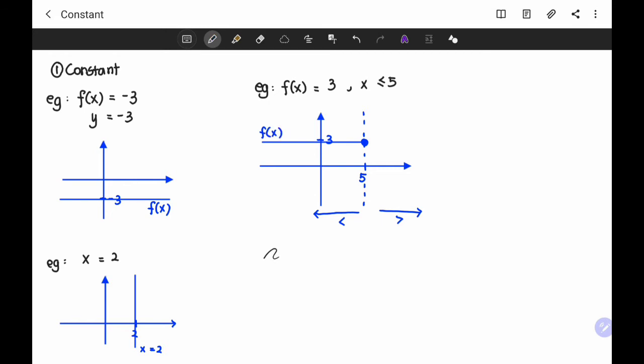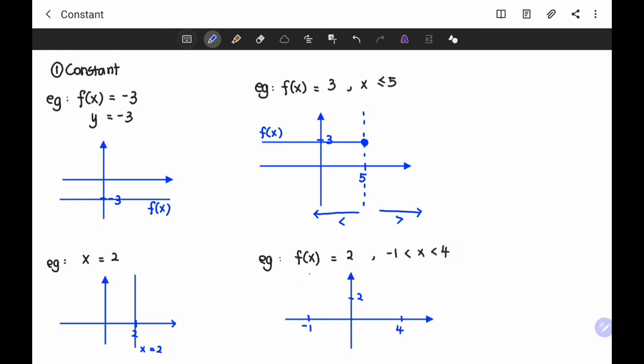Okay, next example, if we have f(x) equals 2 when x between -1 until 4. So we sketch graph. Put y equals 2. So this one 2. And we have condition -1 until 4.